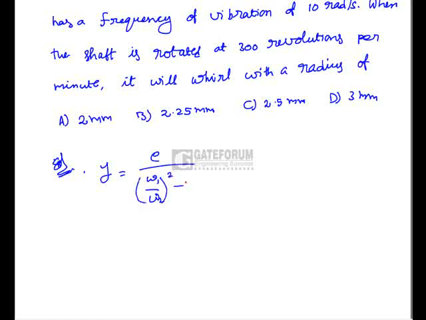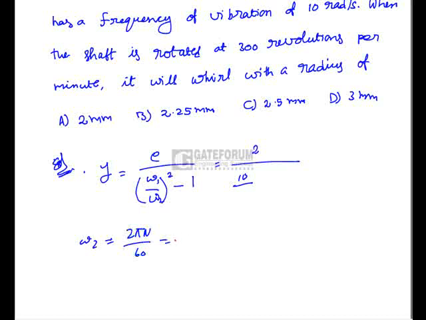y equal to e by (omega 2 by omega 1) whole square minus 1, where e is the eccentricity of the center of gravity. So here the center of gravity located at a distance of 2 mm from the axis of the shaft, so that it is 2 mm, and here omega 1 is given by 10 radians per second, and omega 2 is the shaft rotated at 300 revolutions per minute, so that omega is equal to 2 pi n by 60.